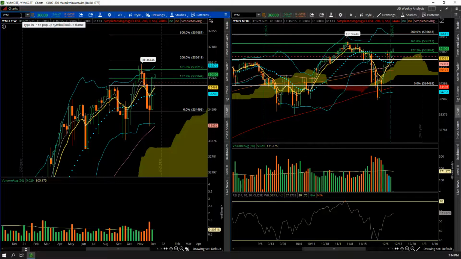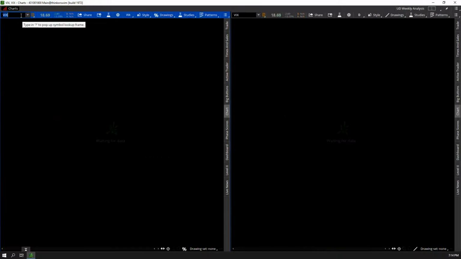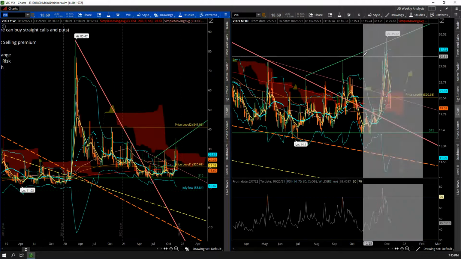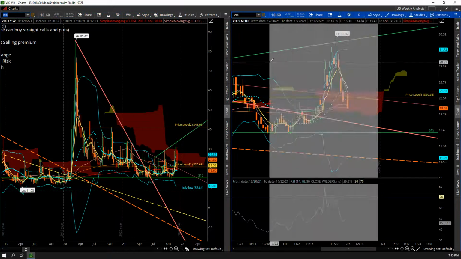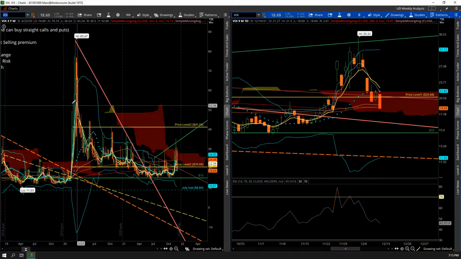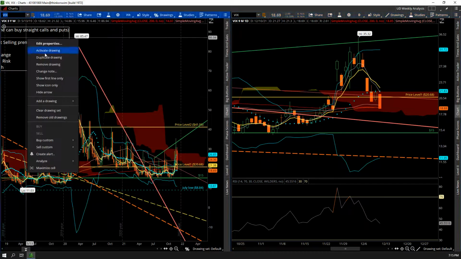So quickly, let's look at VIX, how it is doing. As I mentioned earlier, we would like to see VIX go below 20 for sure, and that's what happened. It's good to see that it's below 20 and getting back into that 18 to 16 range.